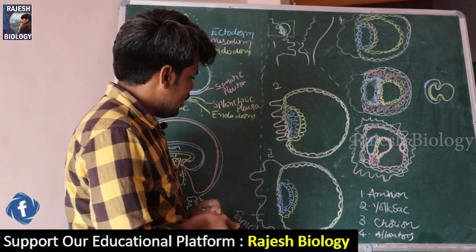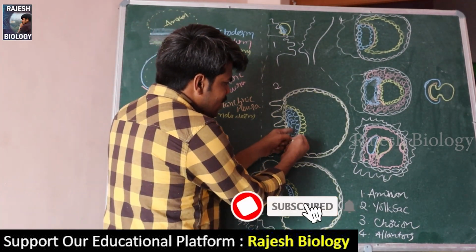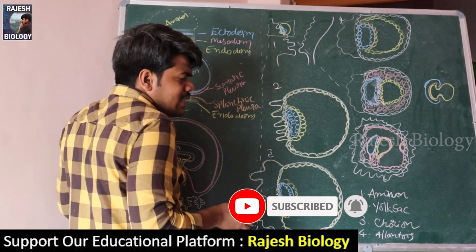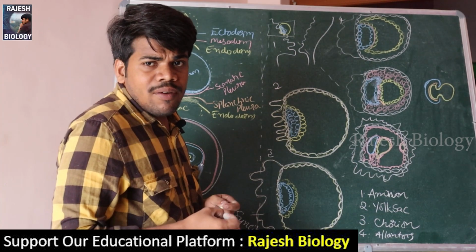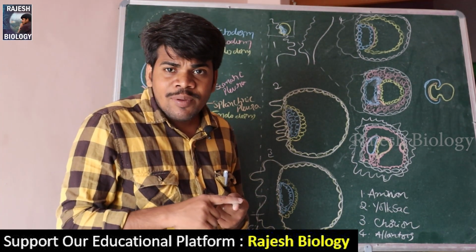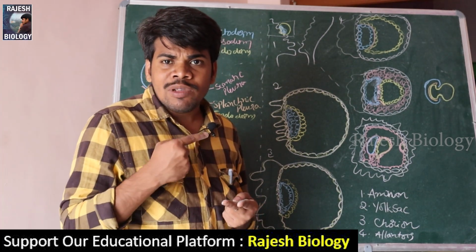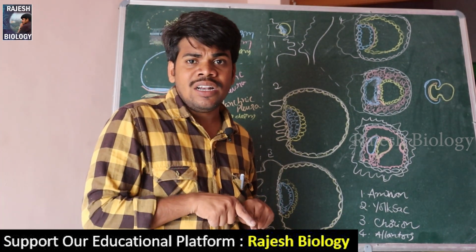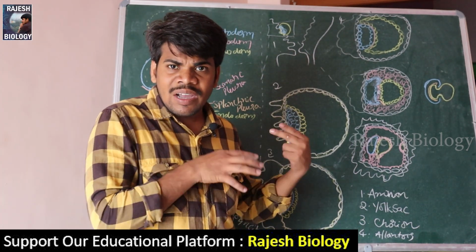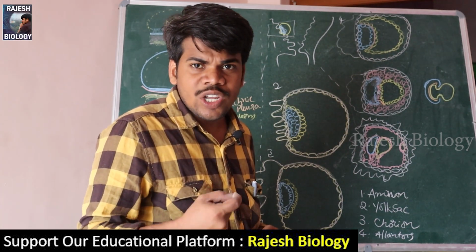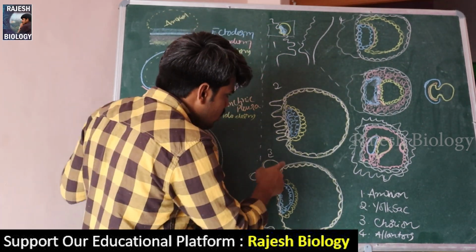We already completed this, right? When it is formed as a bilaminar embryonic disc, the hypoblast is replaced by the endoderm. Mesoderm is also derived from the epiblast, and the remaining cells are called ectoderm. We completed how the migration and gastrulation take place.